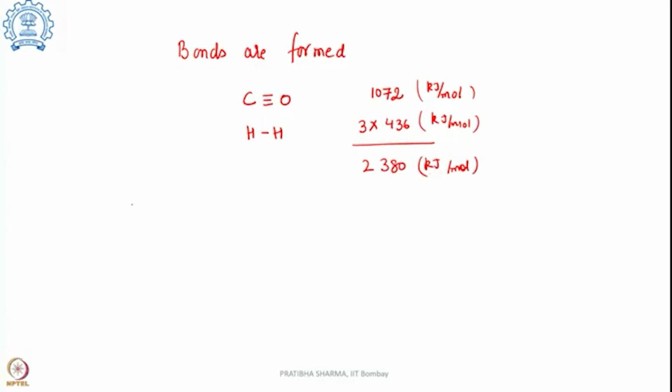If we want to find the change in energy in the process, the energy associated with bonds being broken, the total we have found is 2586, and the energy associated with the bonds being formed on the product side is 2380, and the difference is 206 kilojoule per mole.